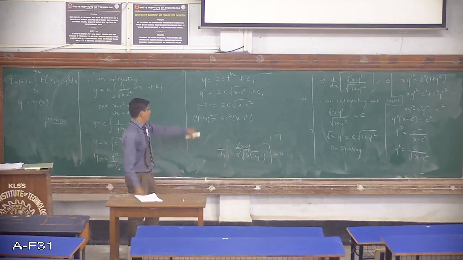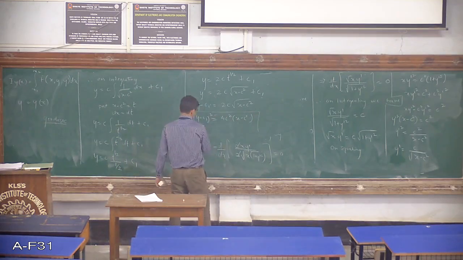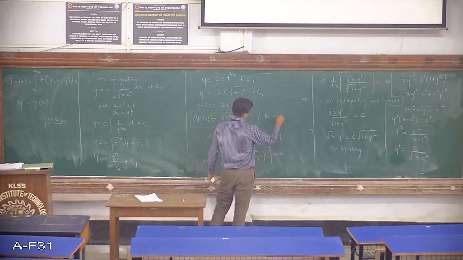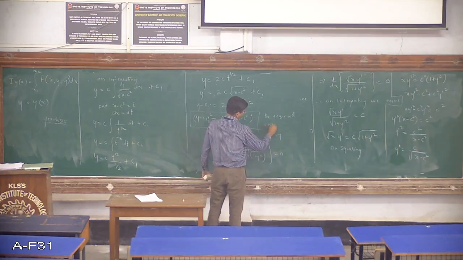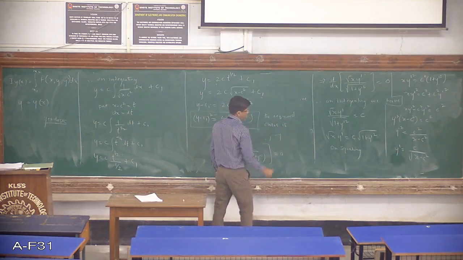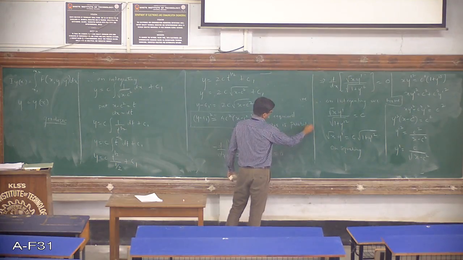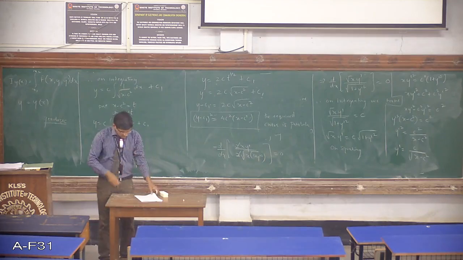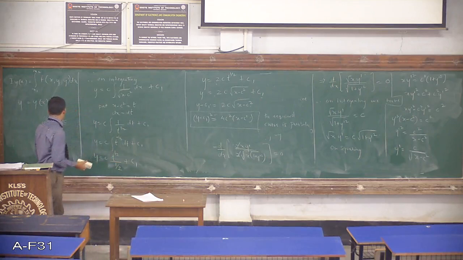Is it not, what type of equation is this, if you have a good observation? So the required curve is a parabola. So geodesic problem is over.